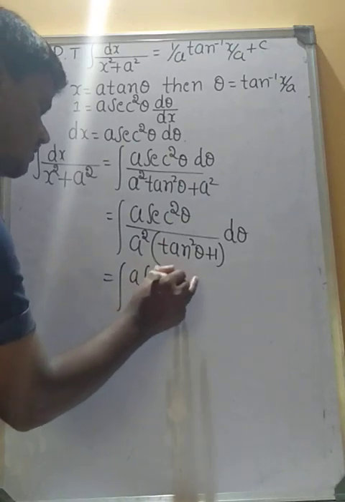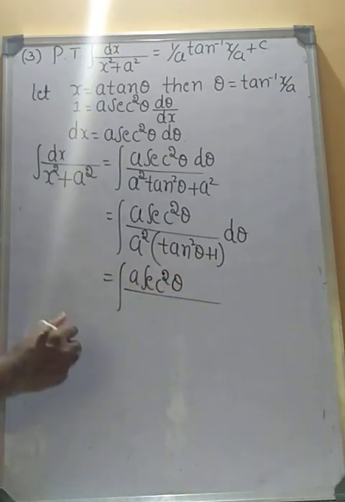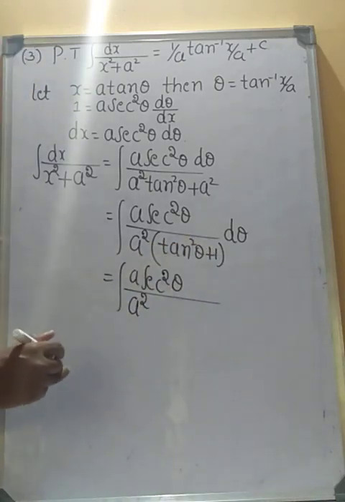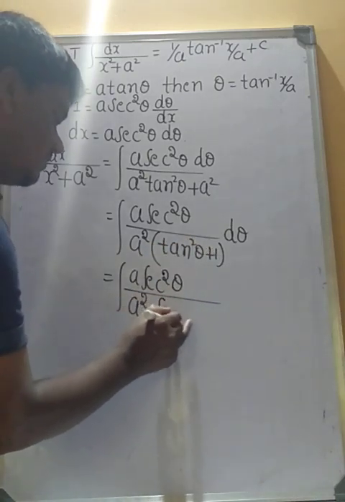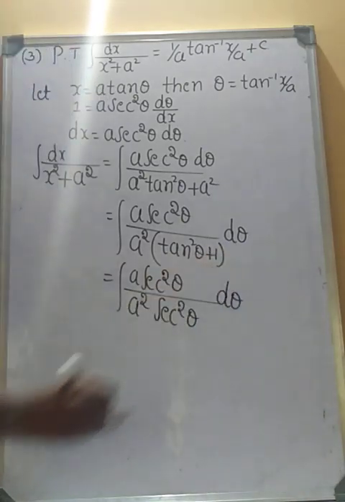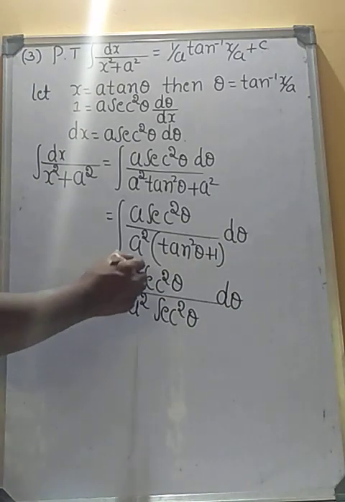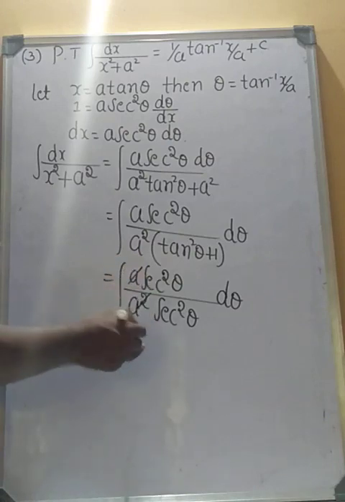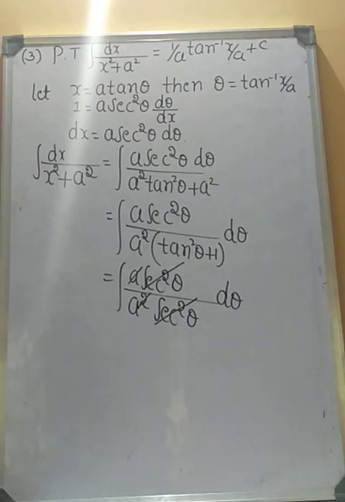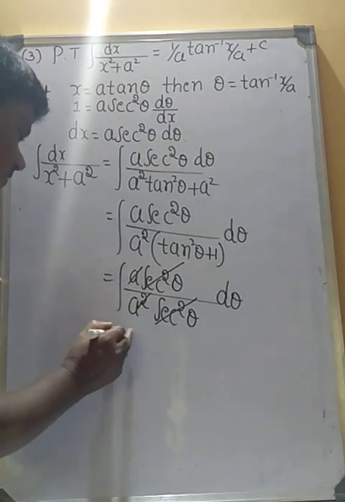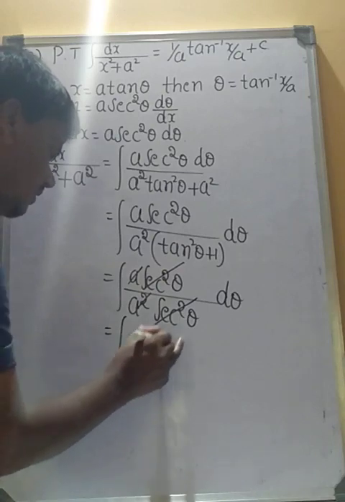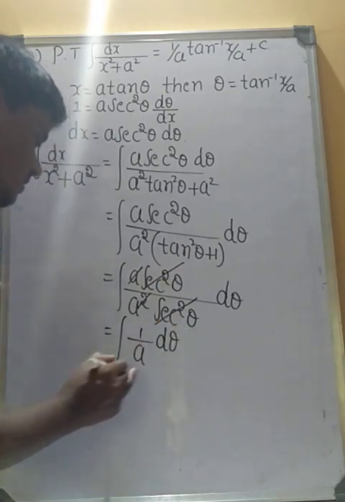You know tan square theta plus 1 is secant square theta. Now a gets cancelled, secant square theta also cancelled, that equals integral of 1 by a into d theta.